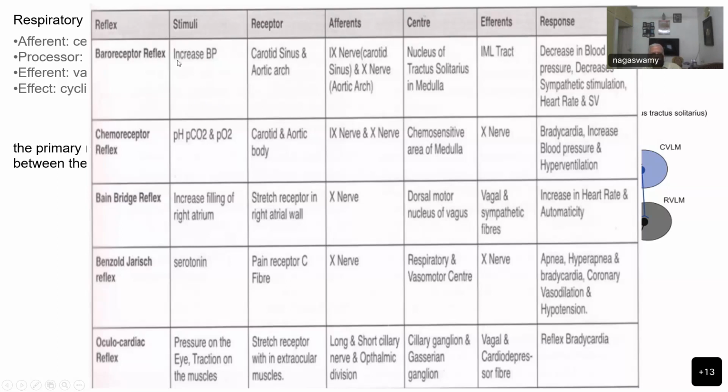So if you can put a tabular column like this, the name of the reflex in the first column, then the stimuli, the receptor, the afferent, the center, the effector, and the response. So if you put a column like this, you can finish off the answer in 10 minutes, within the 20 minutes available for you. So all of you can remember this tabular column, and that will be easier for you to remember rather than writing each and every line individually.